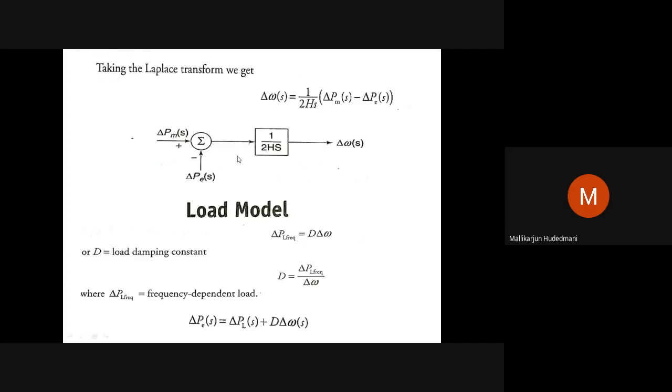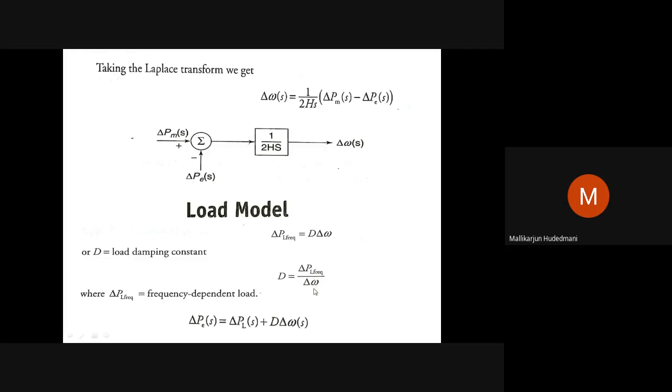Invariably, from the loads perspective, electrical load can be insensitive to the frequency and sensitive to the frequency. That sensitiveness on the frequency is defined as D into delta omega or delta F. This D is called the load damping constant. This is also known as the stiffness of the area. It is a response of change in load with respect to change in frequency.